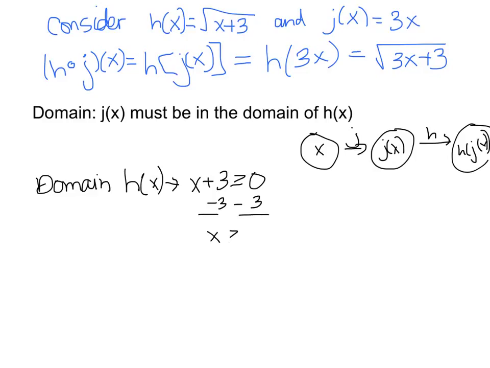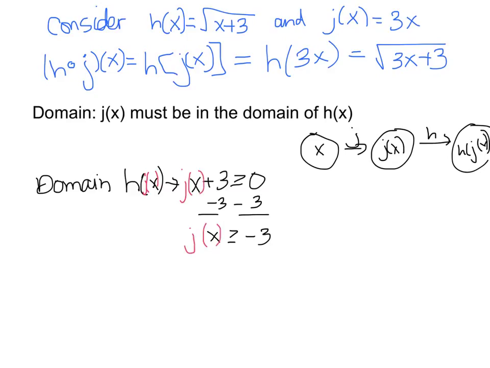So we'd get that x needs to be greater than or equal to negative 3. Okay, that means any value of j of x needs to be greater than or equal to negative 3. Because the idea is we weren't really just looking at h of x, we were looking at this j of x.